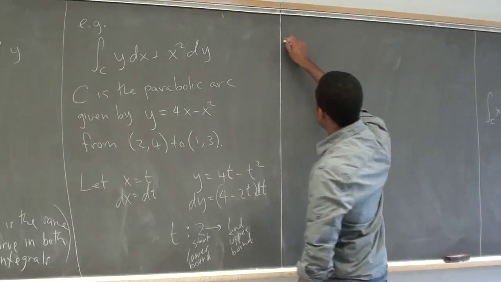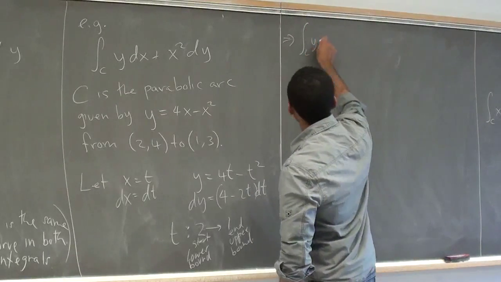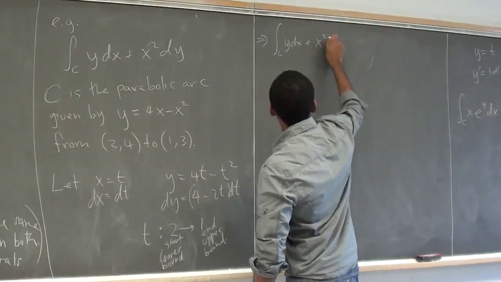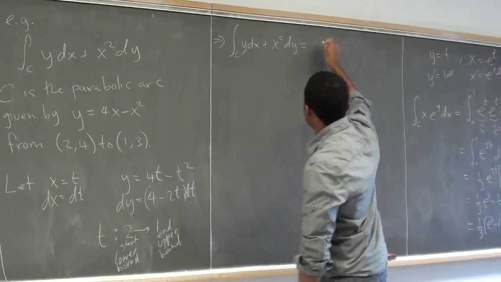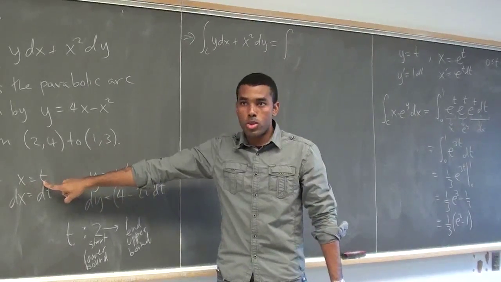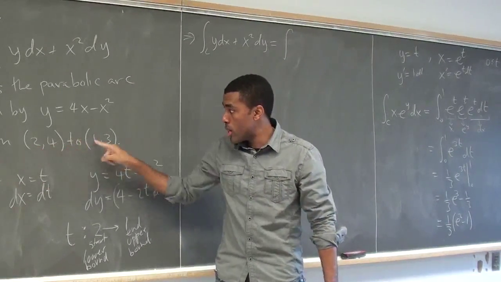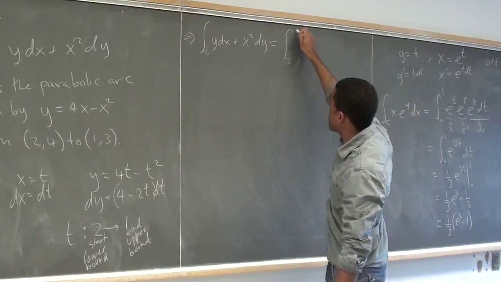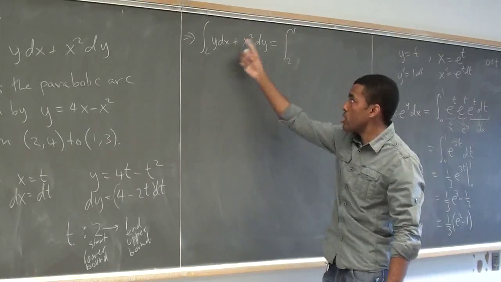So now this implies the integral over C of y dx plus x squared dy is equal to the integral from, you want the t is the parameter which follows x. x starts at 2, ends at 1. So you put 2 here, 1 up there, and now you just plug and chug.